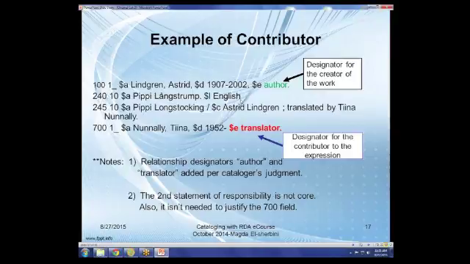And especially if in your library you have the same work translated into multiple languages, English and French and German, and then whatever the original, maybe it was Spanish. So this is a way for patrons to, at the title search level, using the title search feature in the catalog, identify the language in which the work is expressed. So we'll be talking about field 240 a little more as we go along.